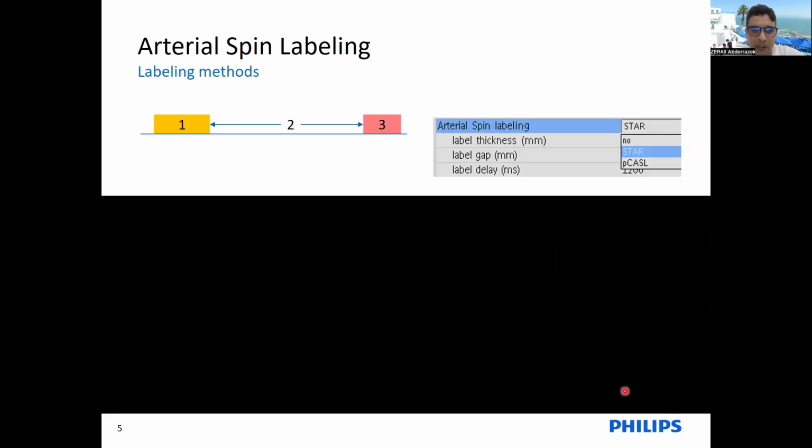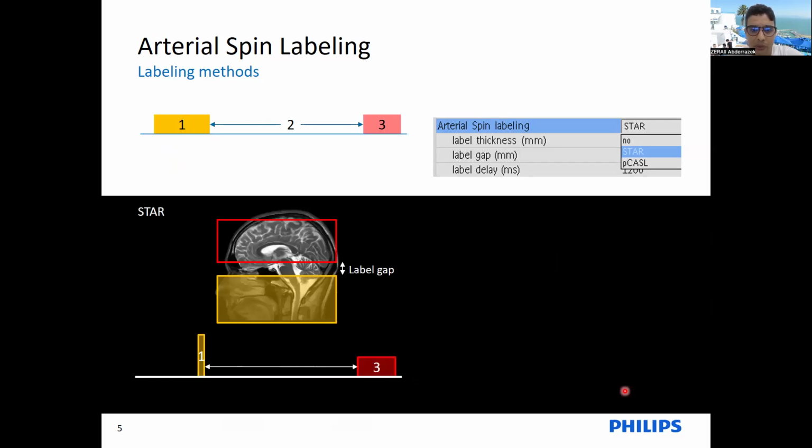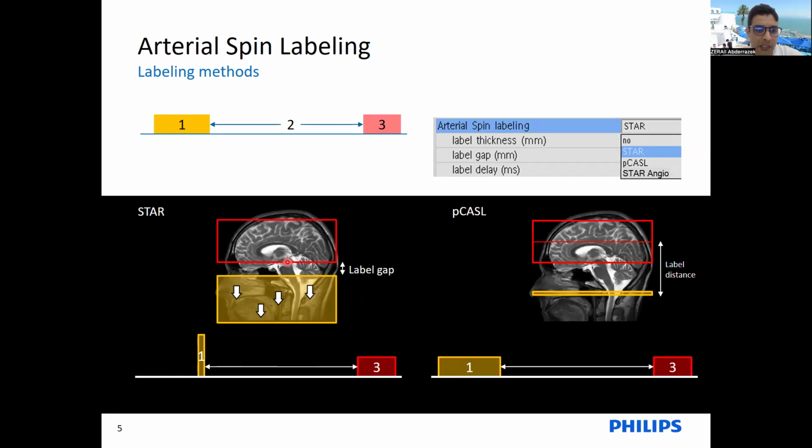The labeling method, as I said, has three different parts. We have the STAR, we have the pseudo-continuous arterial spin labeling, and we have the CINEMA one. To start with STAR, we have the label gap between the label and the image, as you see in the image, and to see the direction of different spins and momentum.